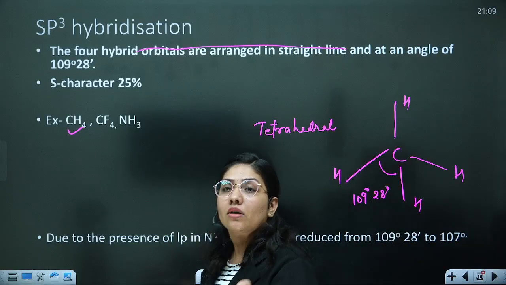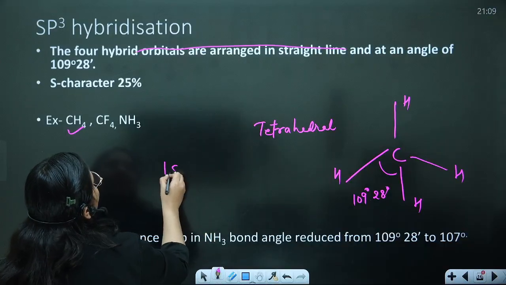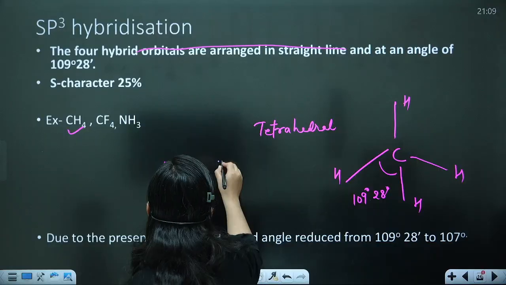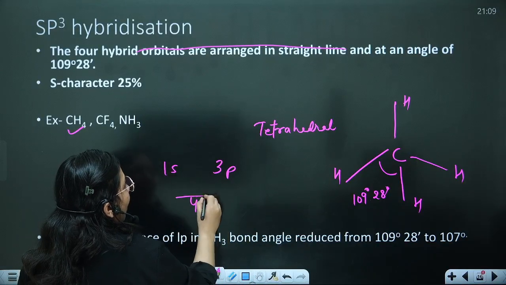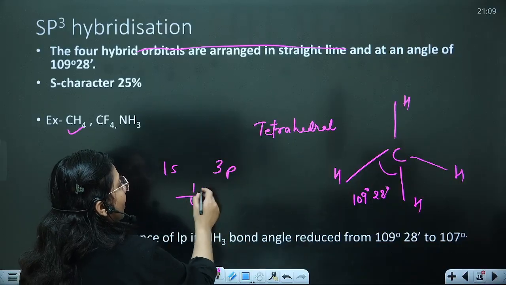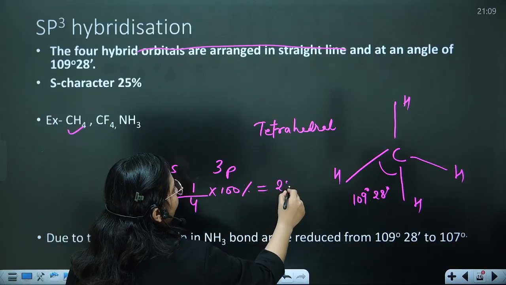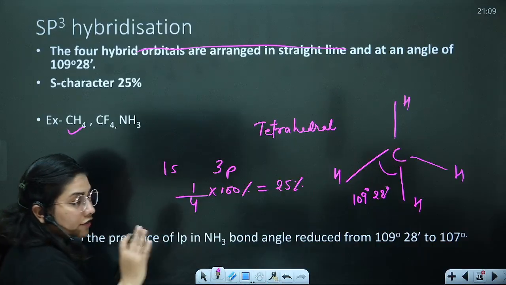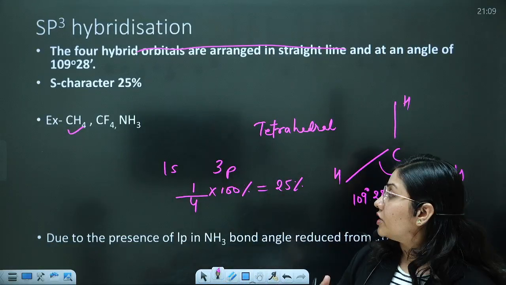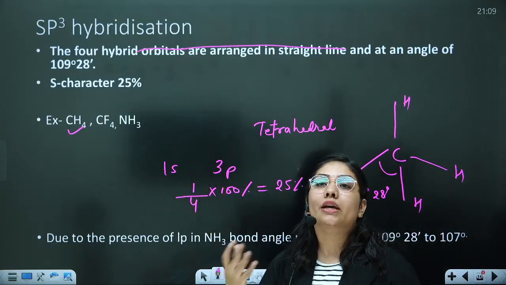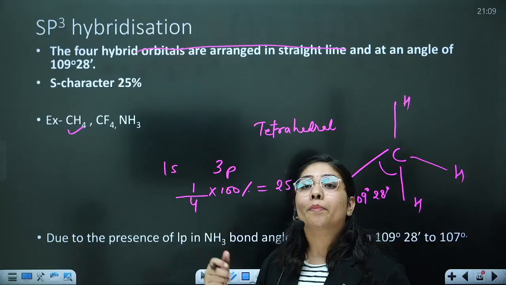Here how you will calculate the s character: 1 s is present, and how many p's are present? 3p. Total how many orbitals are there? 4. Out of them how many s are there? 1 into 100%, and it will come out as 25%. If somebody asks you the reverse, that instead of s character, tell how much p character this structure will show, how will you tell?